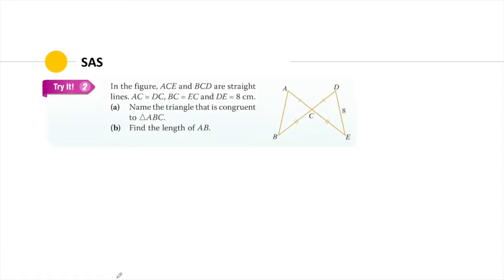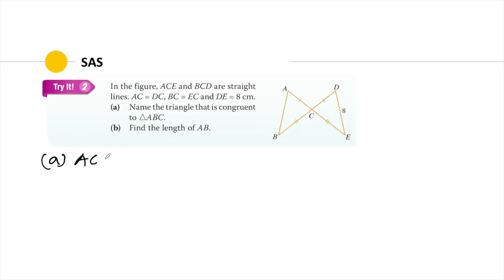Now for SAS, take note that there is a significance in why I call it SAS. So this angle must be between these two sides. I'll explain what I mean in this question. First, you want to find a triangle that is congruent to ABC, right? So let's see what we know.